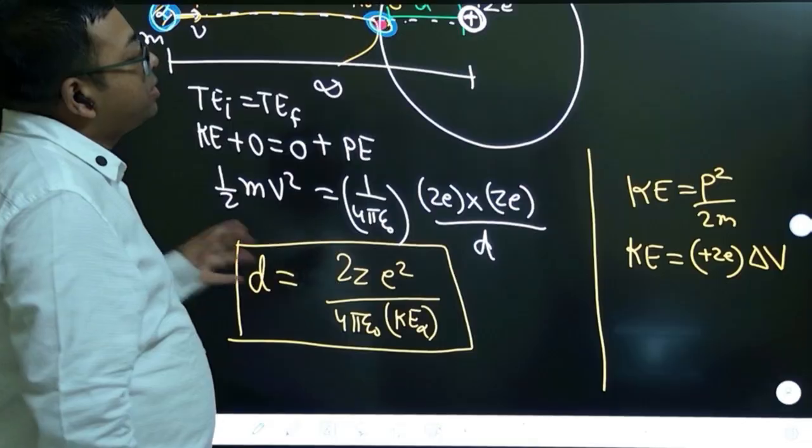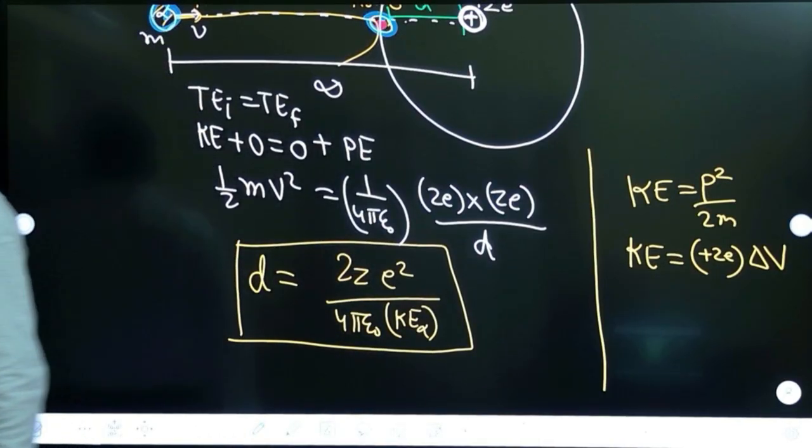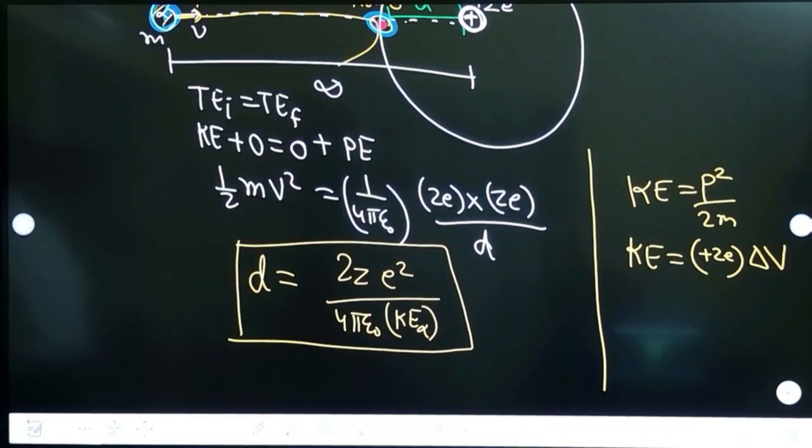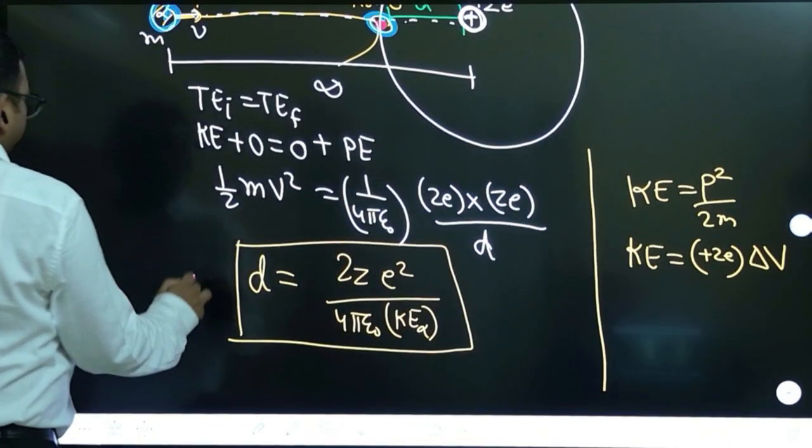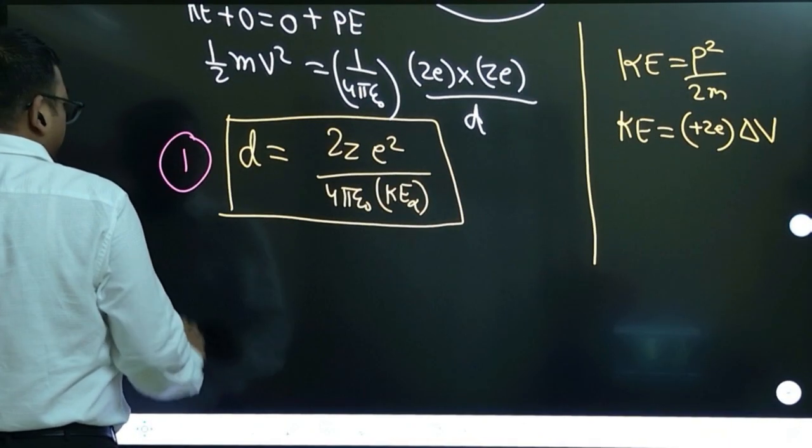So the first topic here is to calculate this distance of closest approach. Now the second point. This was the first formula, so let us write down some formulas.